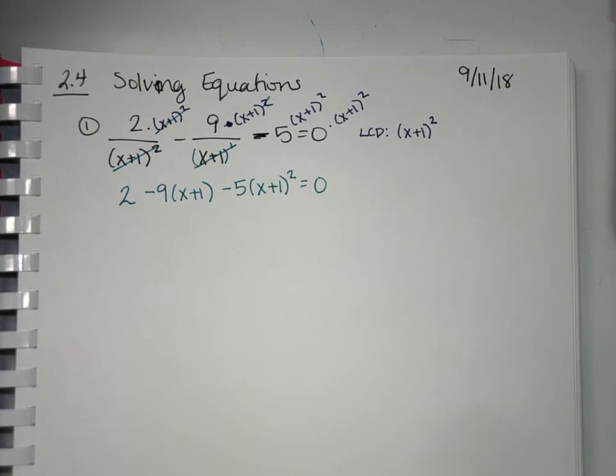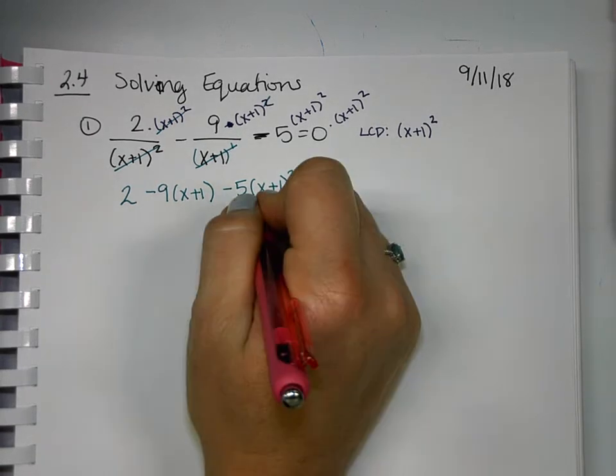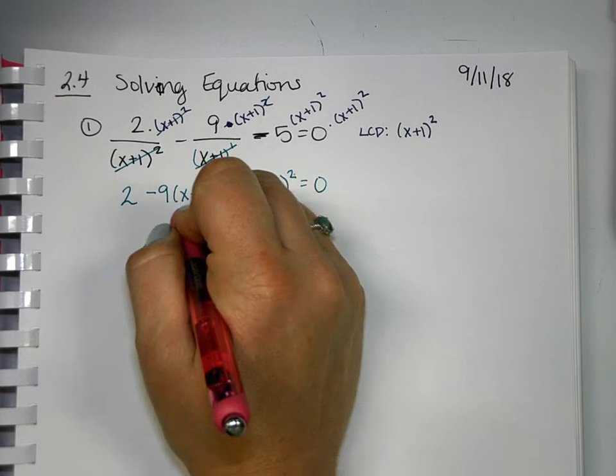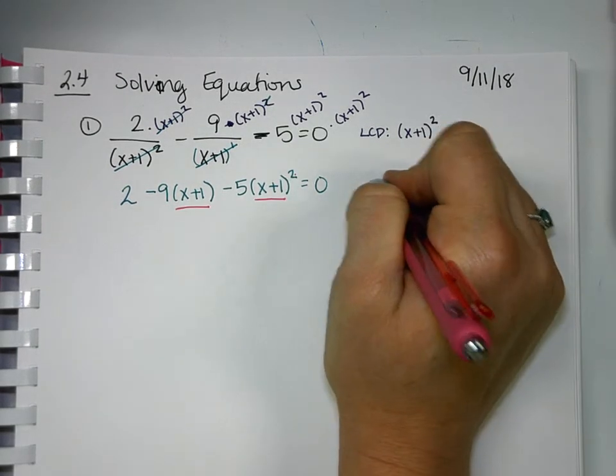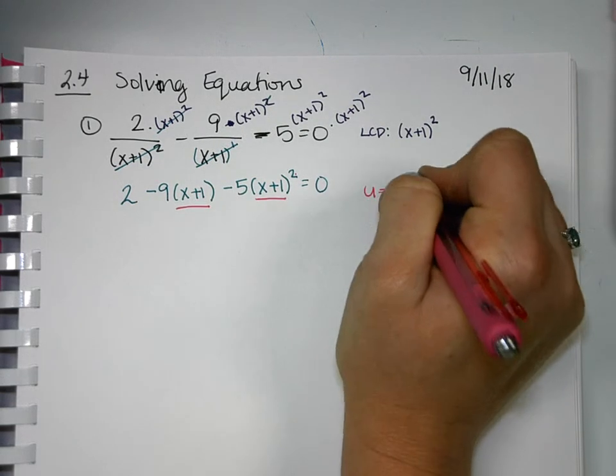Now from here, you could FOIL things out, combine like terms, and then try to factor. Something that you might also notice, and this is what I'm going to do, is I notice that I have a base squared and a base to the first and a constant. This leads me to be able to do a u substitution.